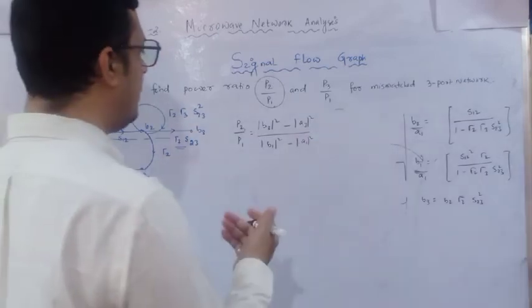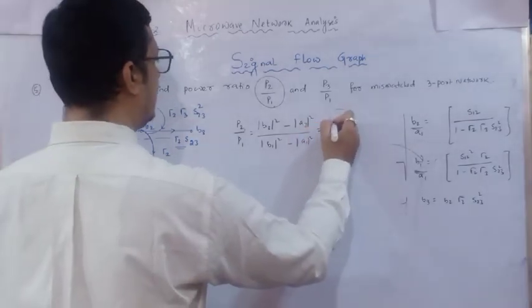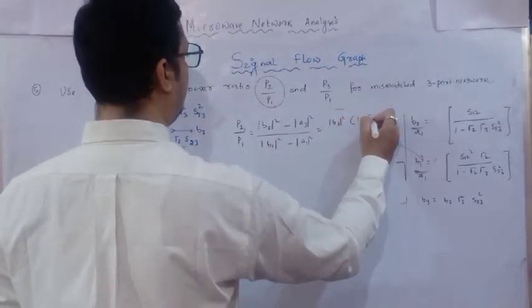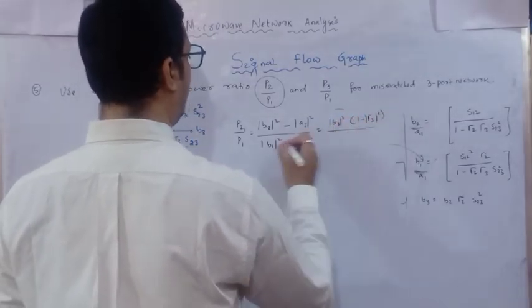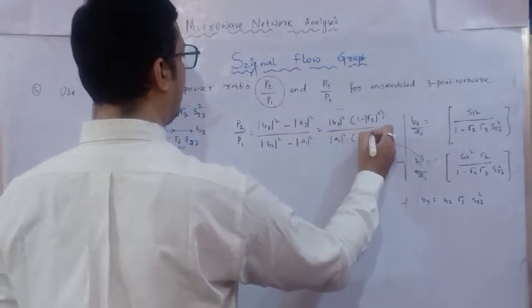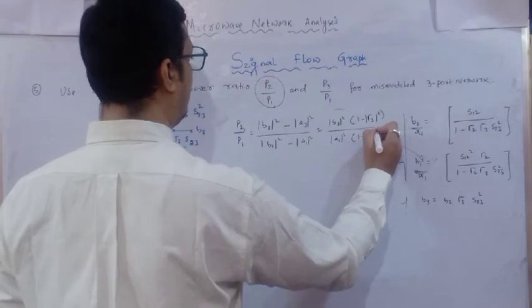Okay, take B3 common as it is. So B3 common, 1 minus reflection coefficient 3 square whole, divided by, take A1 square, 1 minus reflection coefficient 1 square.